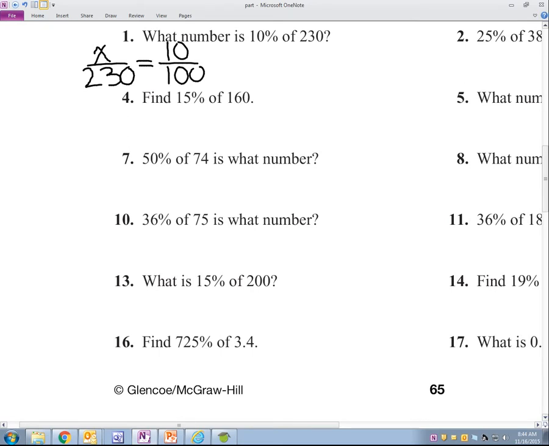Look, they give you the percent, so that means the proportion is going to be set up like this. They're always going to give you part, whole. They're going to give you either the percentage, the part, or the whole. And they gave you the percentage, and you put that percentage somewhere else.